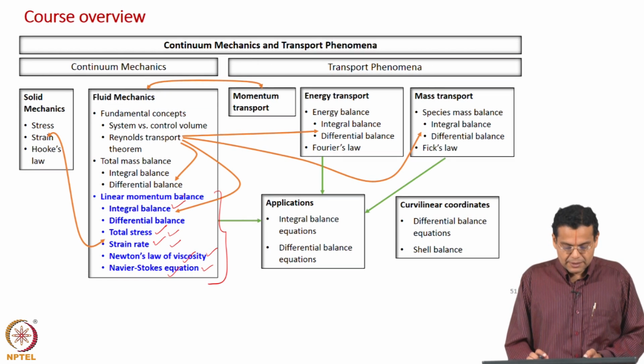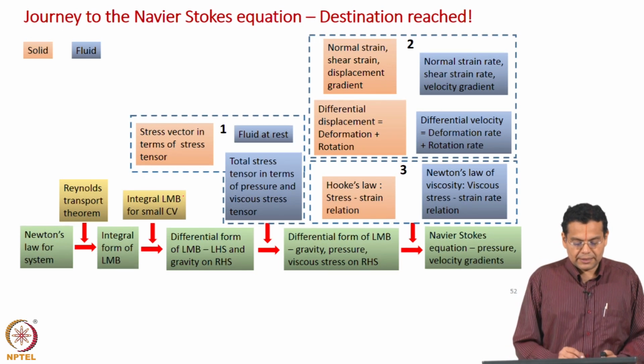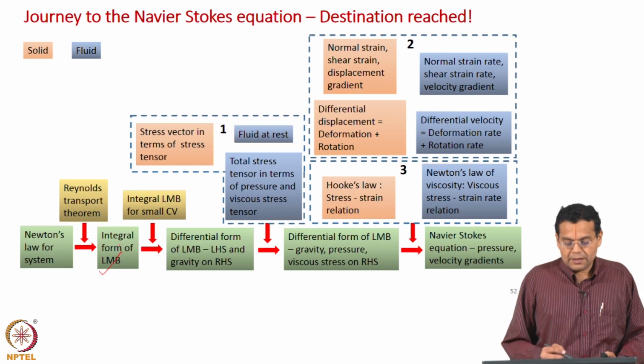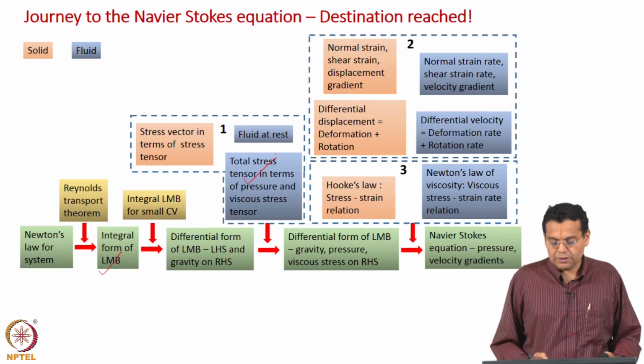Okay. Same thing in terms of our journey slide, we had the integral form of linear momentum balance, okay. And then for the differential balance we discuss about total stress, viscous stress, and then the strain rates, the Newton's law of viscosity, substituted in linear momentum balance the differential form, derive the Navier-Stokes.